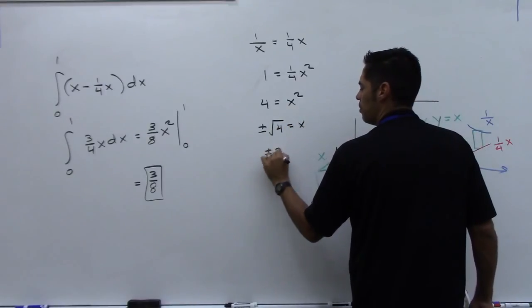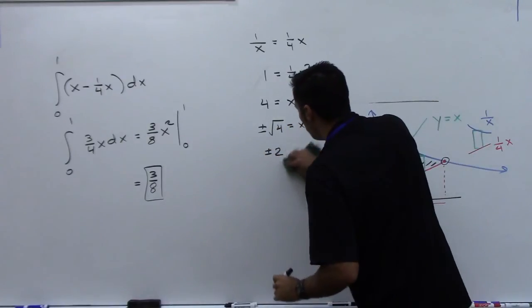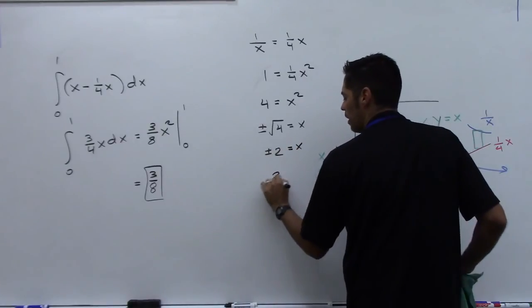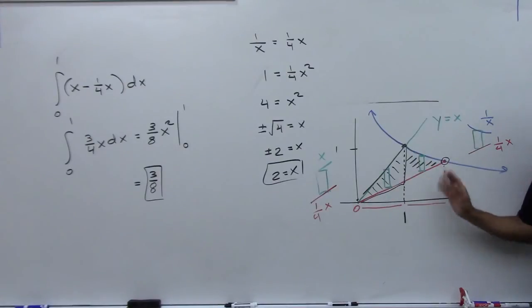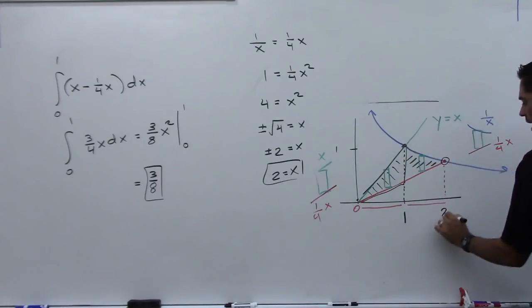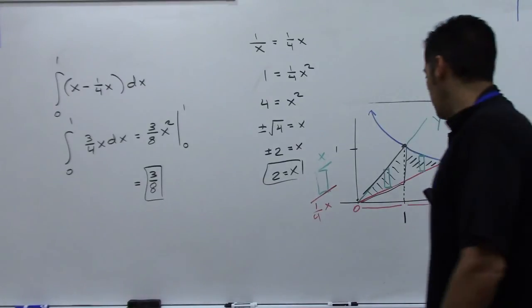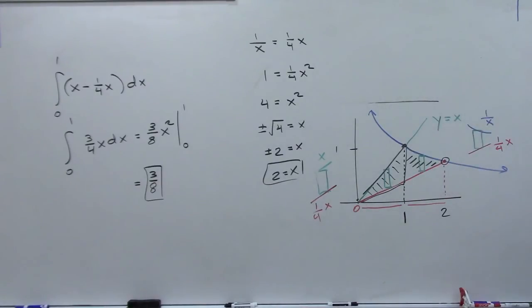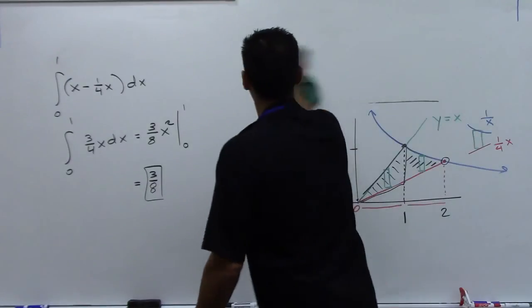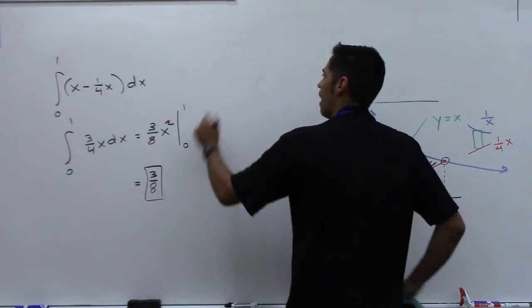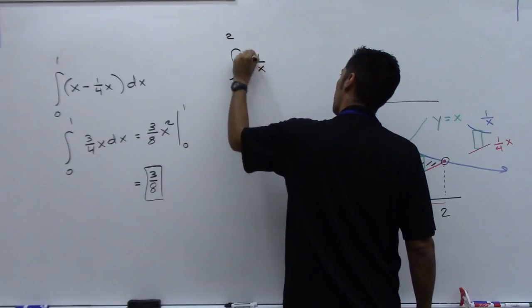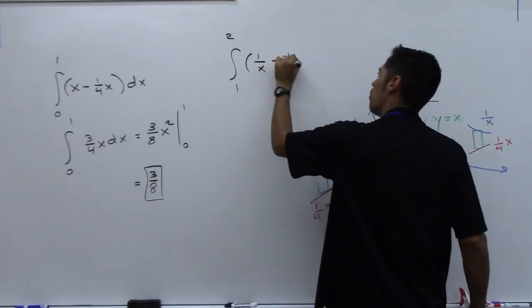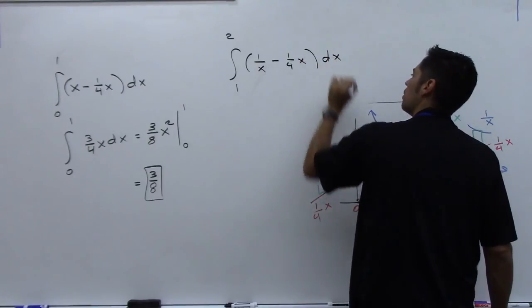And I get plus or minus 2. I'm only going to look at 2 because I'm over here on the right side with x greater than 0. Remember, that was given to us in the problem. So this is happening at 2. So I know this integral goes from 1 to 2. I know it's the blue function on top of the red function. So in addition to this, I have the integral from 1 to 2 of the blue function, 1/x, minus the red function, which is 1/4 x, dx.